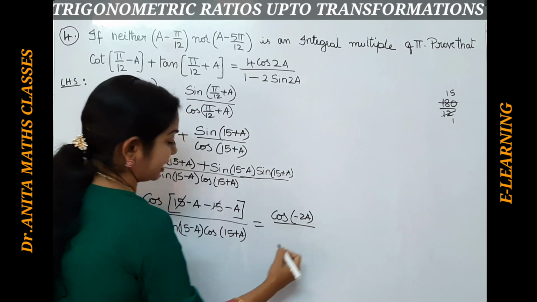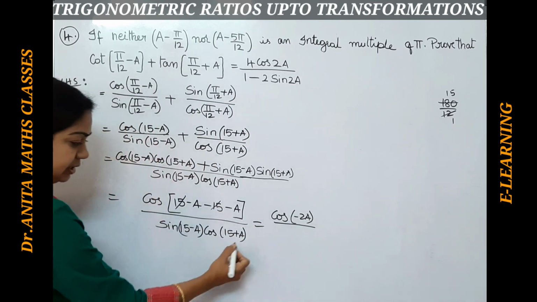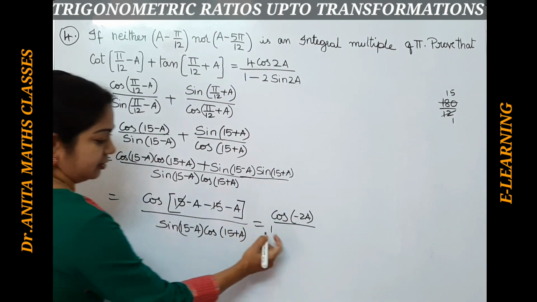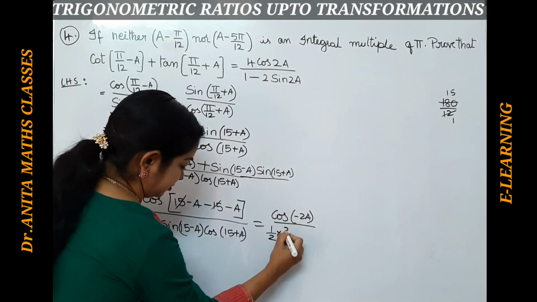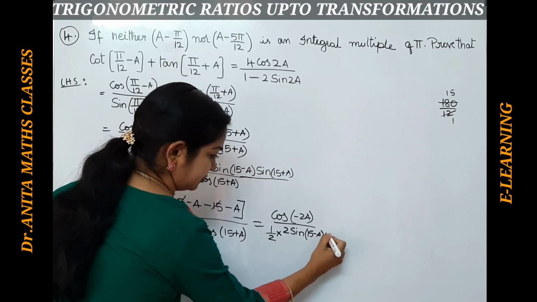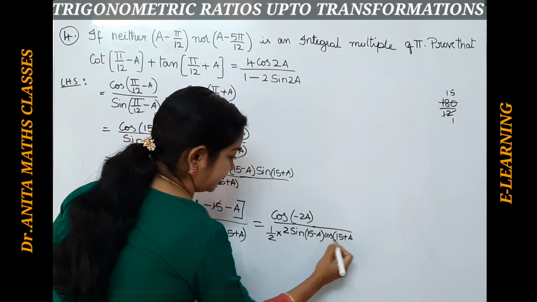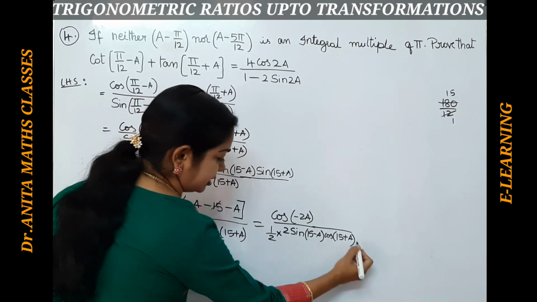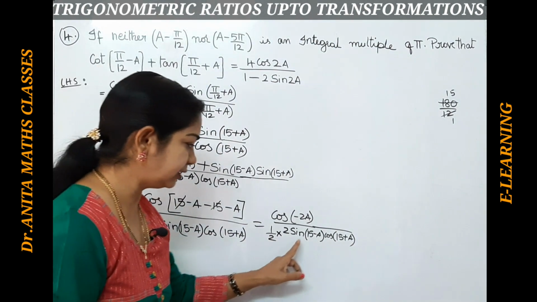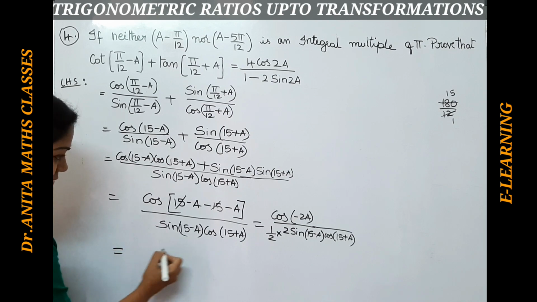We know that cos minus theta is equal to cos theta only. In the denominator, let us multiply and divide with 2, so 1 by 2 into 2 sin(15 minus a) cos(15 plus a). This becomes 2 sin A cos B, which we will transform into the sum.